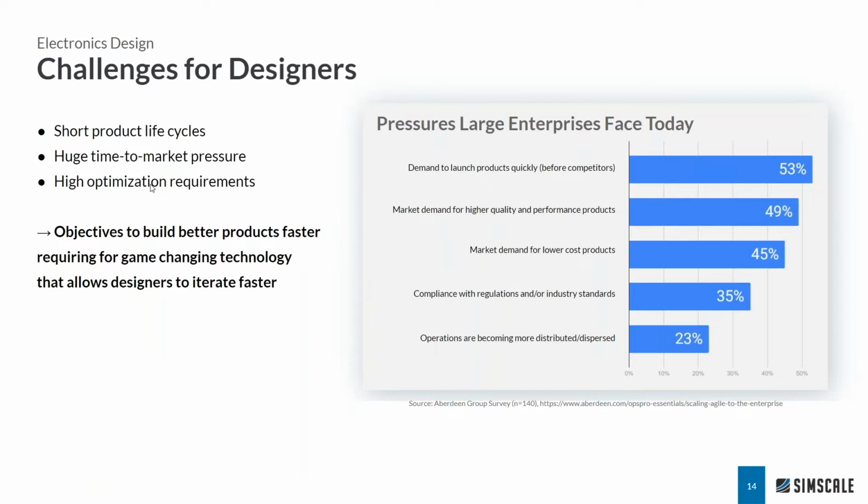So if you want to fulfill all of these objectives, you need some groundbreaking technology, or a game changer technology that allows you to still reach all of these objectives by being faster. And that means you need to enable the designers to iterate faster and optimize faster.